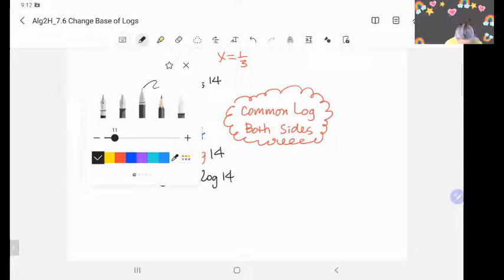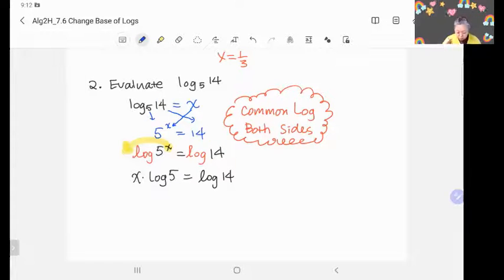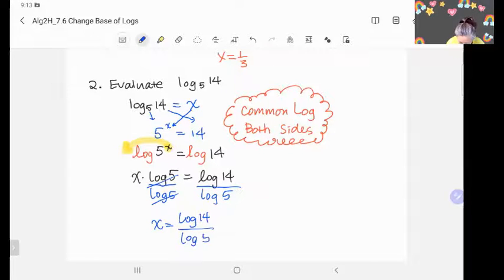Then in order to isolate x, we can divide both sides by log of 5. Then cancel, right? So then x becomes common log of 14 over common log of 5.